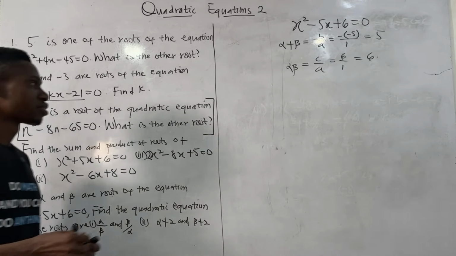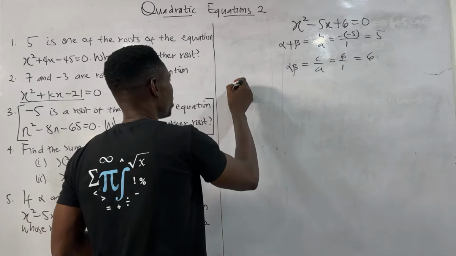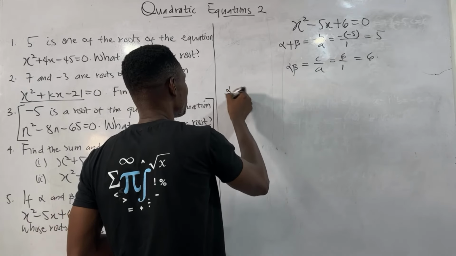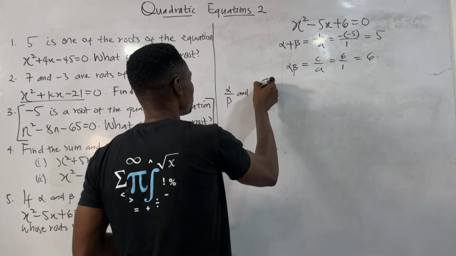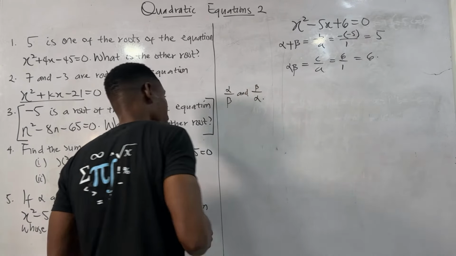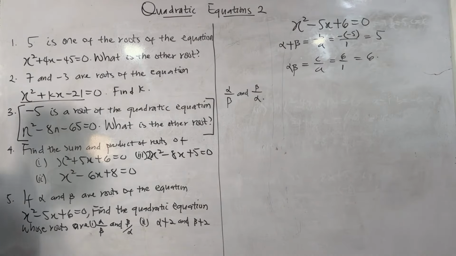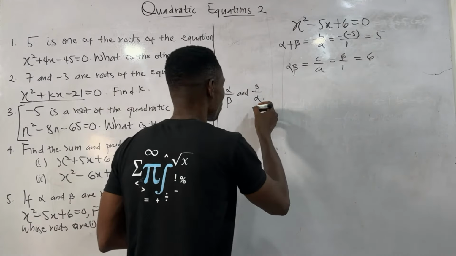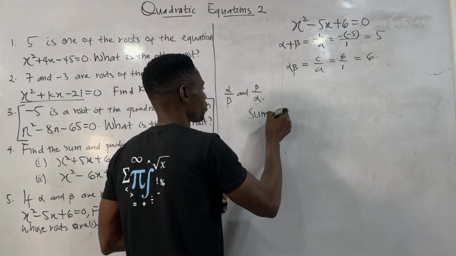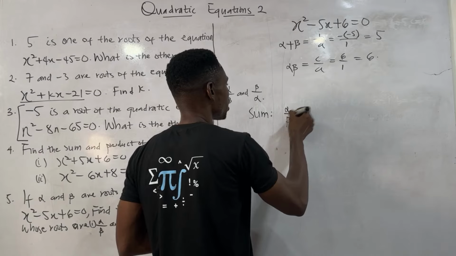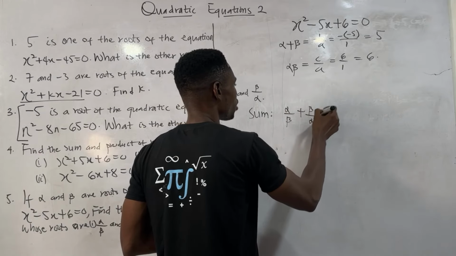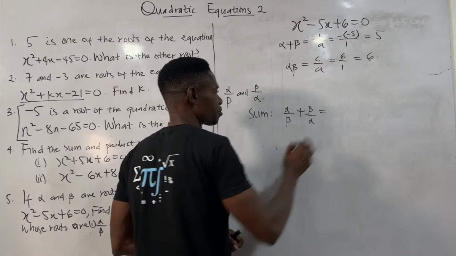Okay, so now we have alpha over beta and beta over alpha. Now remember that to form a new quadratic equation, you need the sum of the roots and the product of the roots. So let's look for the sum of the roots. That's alpha over beta plus beta over alpha. What would that give us?